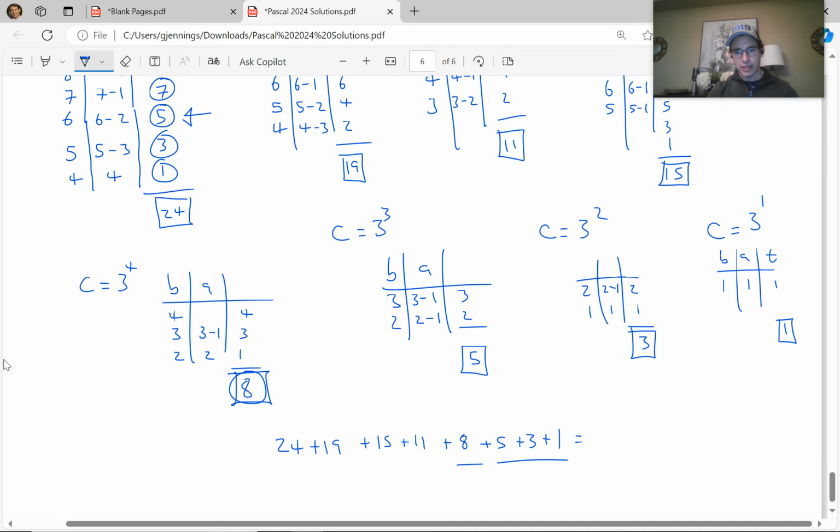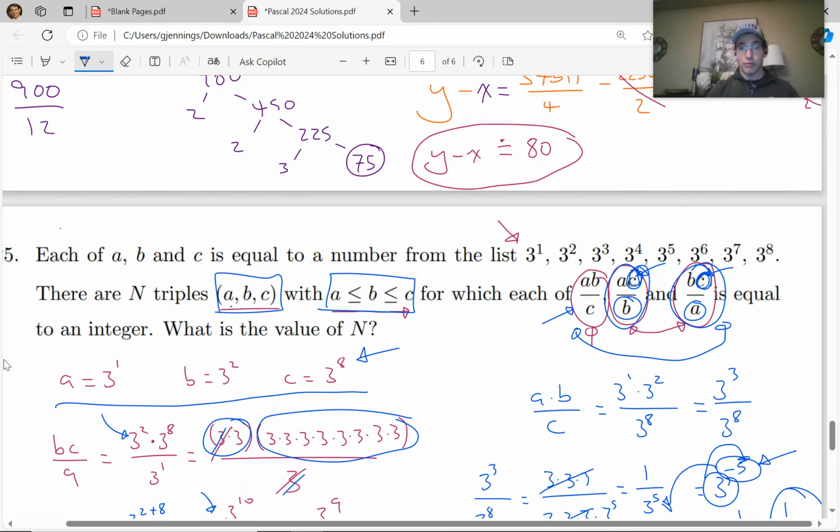Nine, 17, 28, 43, 62, 86. 86 different triples can be taken from this list of numbers, which would guarantee that 2 of them multiplying, dividing by another one, always gives you an integer.